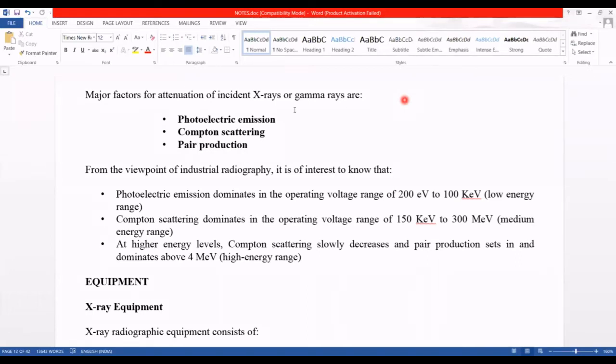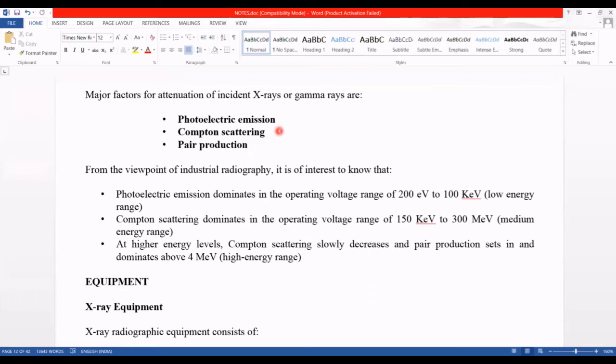Photoelectric emission means the photons in the gamma ray or X-ray interact with the atoms in the matter. These photons are totally disappeared, meaning the photons are completely absorbed by the atoms of the matter. The reduction of intensity because of the disappearing of these photons is photoelectric emission.